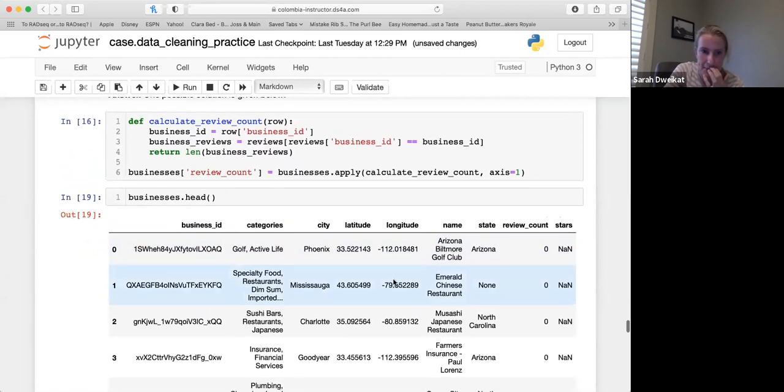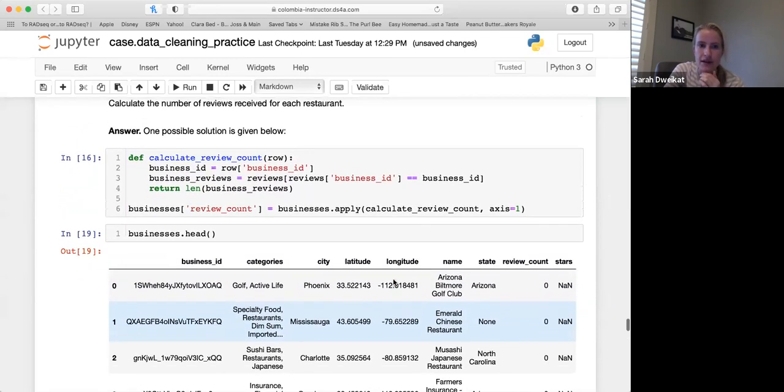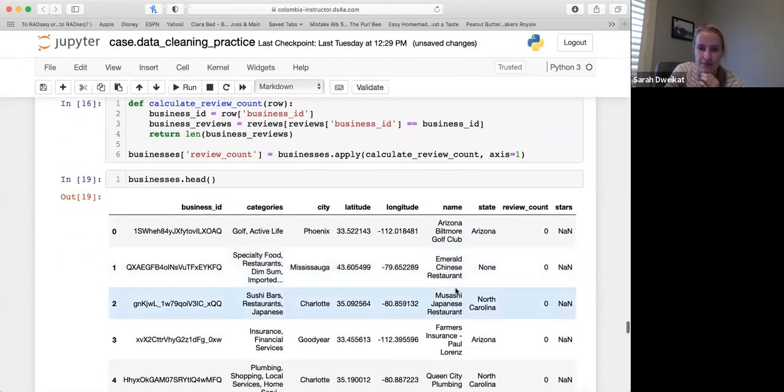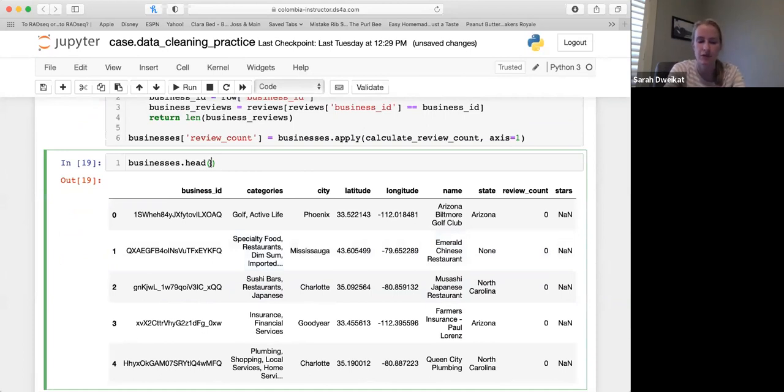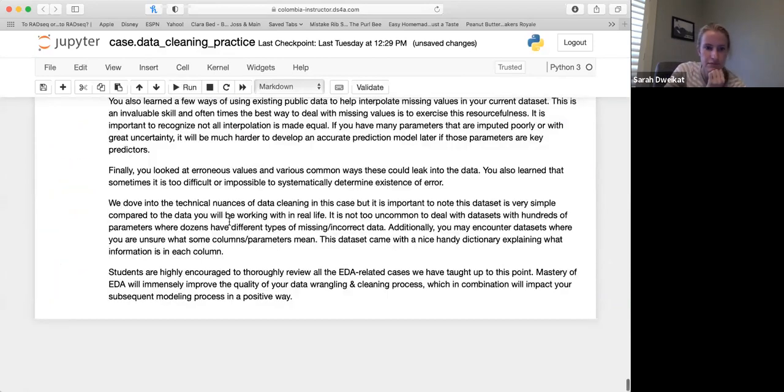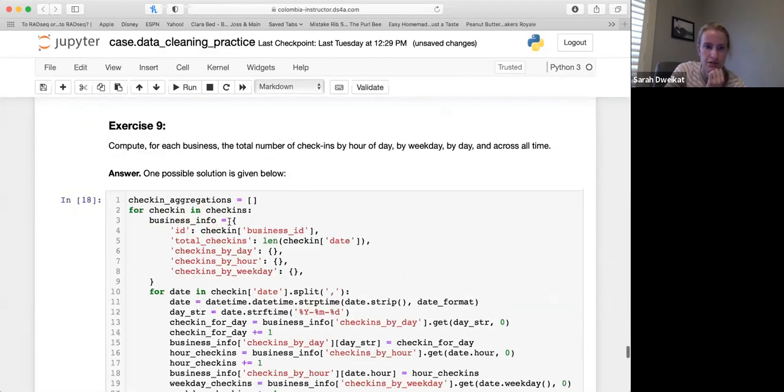Someone asked what our businesses looks like after exercise 7. Let me do a couple more, let's see if we can look at 50 instead. Oh, oopsies.